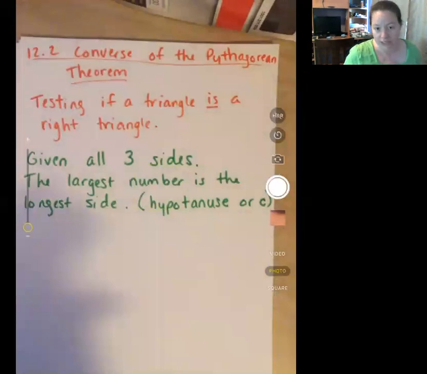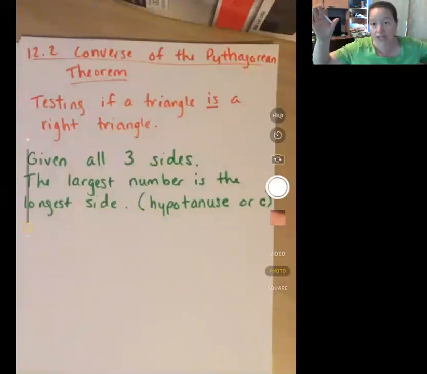You're given all three sides, the largest number is the longest side. So we use that as the hypotenuse, or we use that in place of C. The other two sides we just use as one is A, one is B. It really doesn't matter which is which.